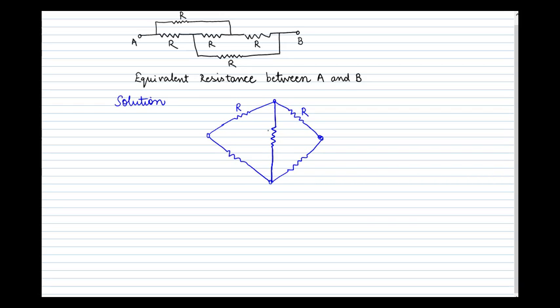So we can label these points: this point we call C, and this point we call D.